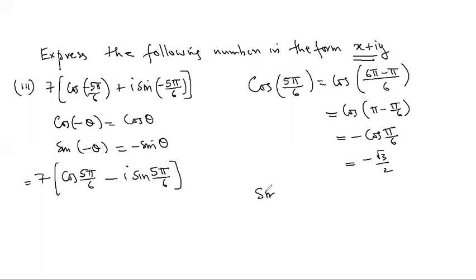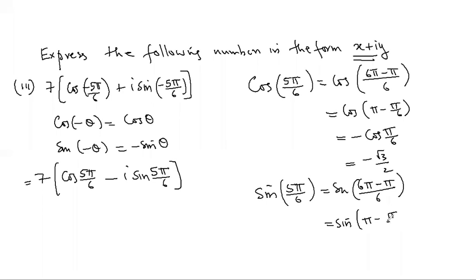Then you have to calculate sine 5 pi by 6. Sine 6 pi minus pi upon 6, sine pi minus pi by 6. In second quadrant, sine is positive, so sine pi by 6, so half. So 7 into minus root 3 by 2 minus i into 1 by 2.